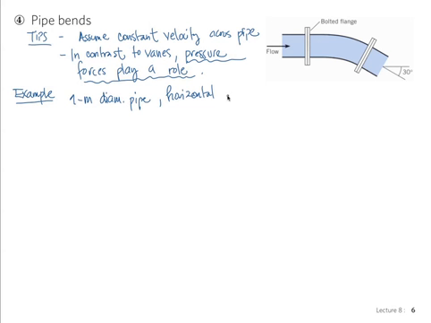It's carrying crude oil, which has a specific gravity of 0.94. And we have a steady flow rate of 2 cubic meters per second and a bend of 30 degrees.